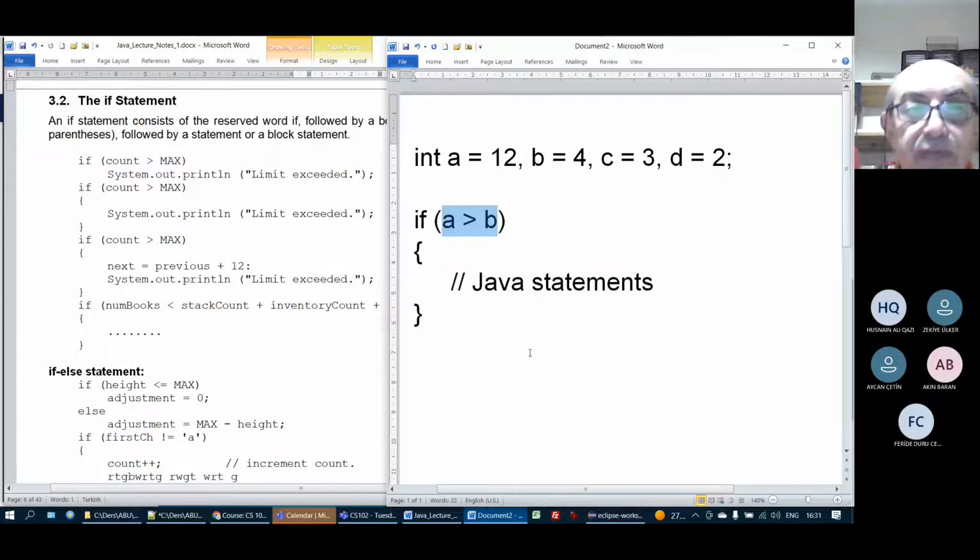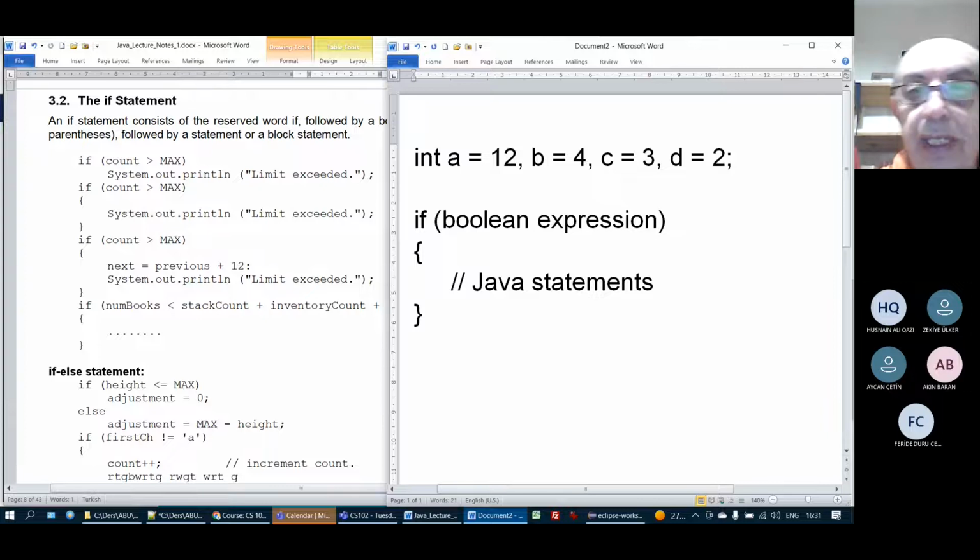After if, we have a logical expression or Boolean expression. And if the Boolean expression is true, then those statements are executed and we continue with the next statement here, whatever it is. Here there are some statements probably.